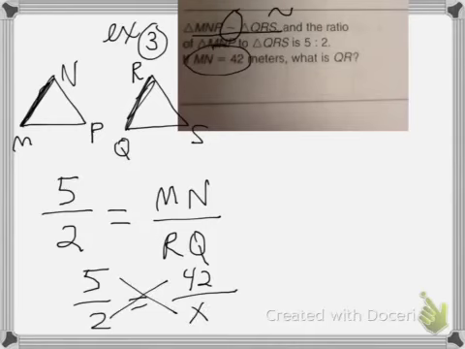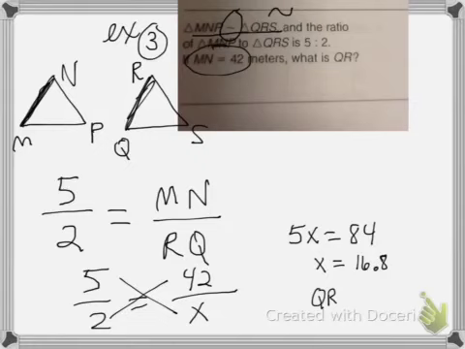Multiplying these out, we get 5X equals 84. X equals 16.8 meters. That's how long side QR or RQ is, 16.8 meters.